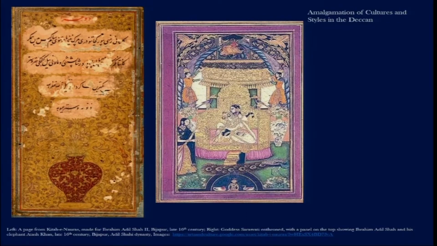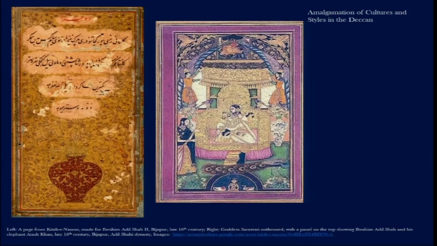So, during this time period we find that Ibrahim Adil Shah II was very much interested in this cultural assimilation. At the same time, he was also invested in the peaceful coexistence between the people from different religions. For example, the Muslims and the Hindus in the Deccan region, the Muslims from Deccan, the Muslims from Persia and so on, and at the same time the local Dakhnis and different kinds of languages which were spoken there.